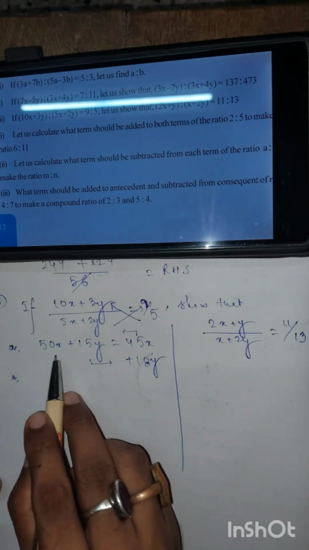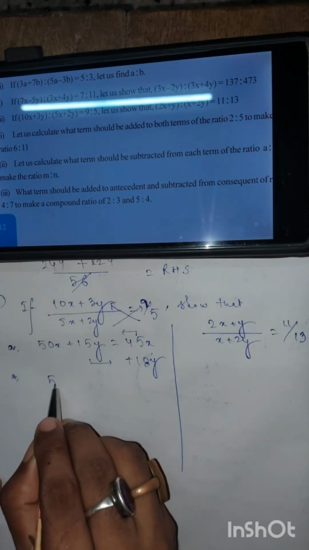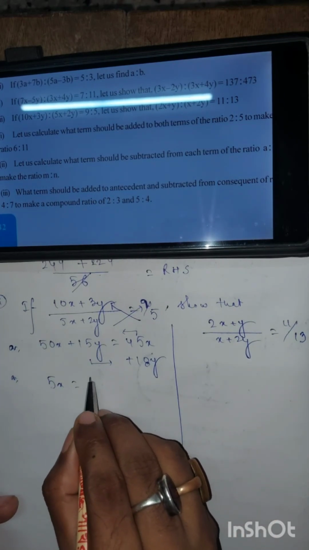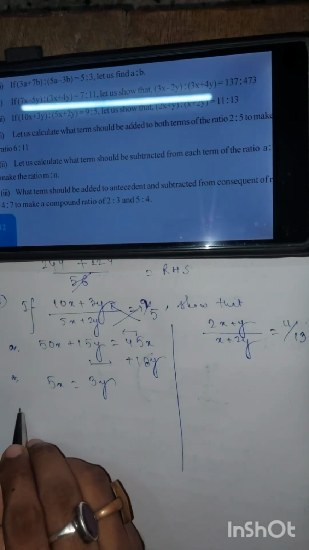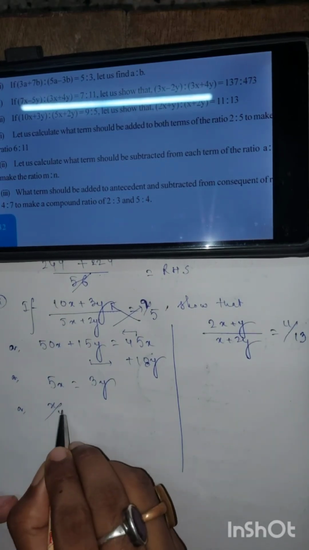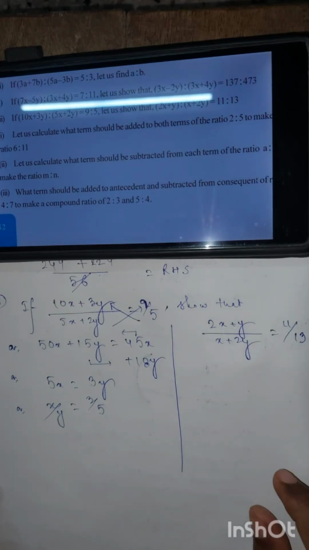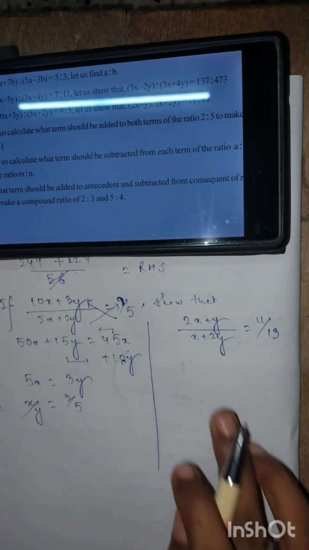So 50x minus 45x is 5x, 18y minus 15y is 3y. So x by y should be 3 by 5. This is what we are getting. Now we have to show this.